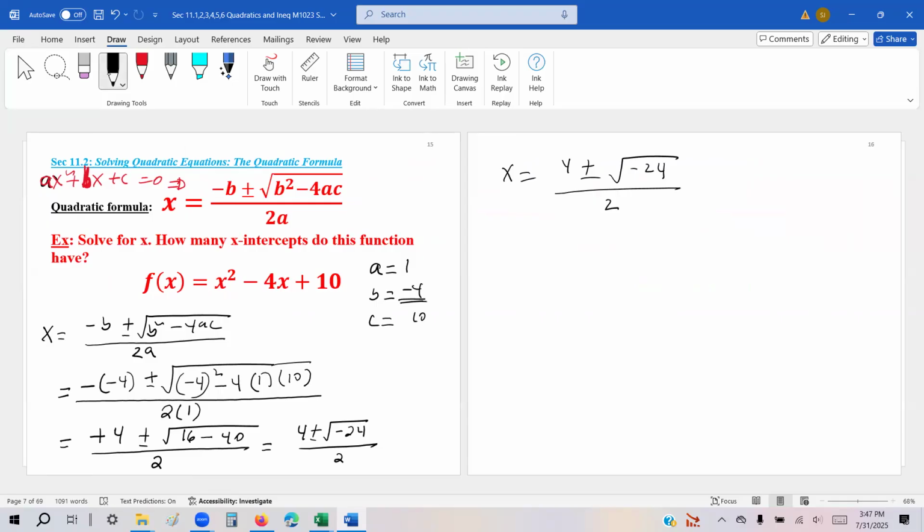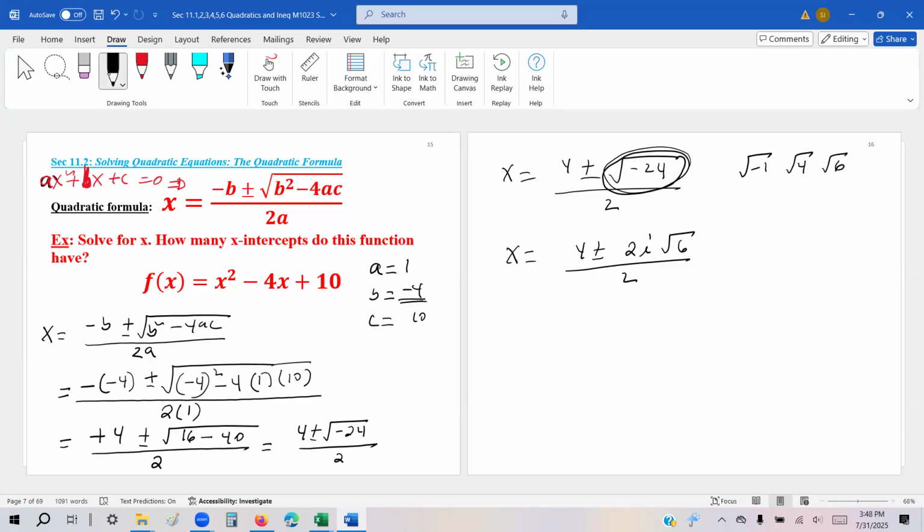Are you done? No. You have to reduce this. So square root of negative 1, square root of 4, square root of 6. So x equals 4 plus minus 2i square root of 6, over 2.